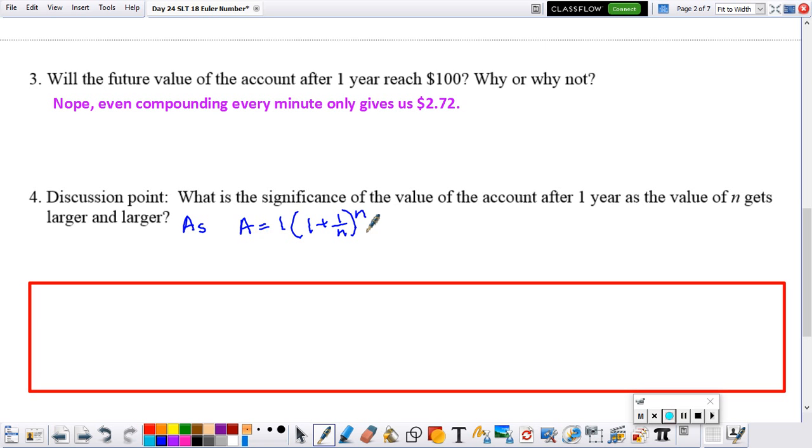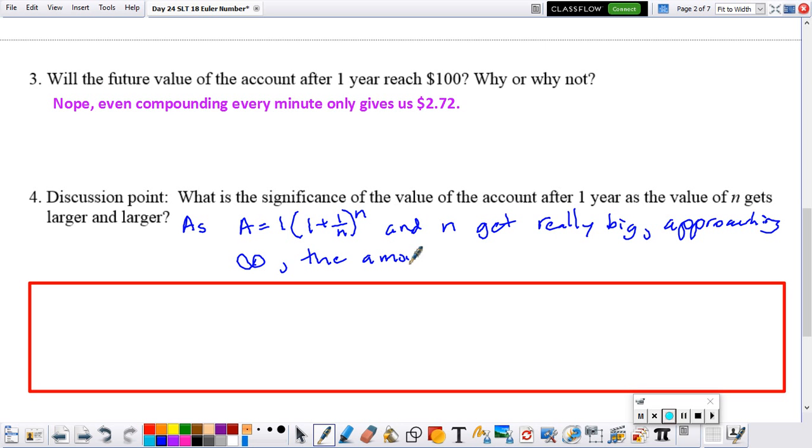As we have this formula and n gets really big, like it approaches infinity, the amount is approaching $2, well, not really $2, but $2.72.